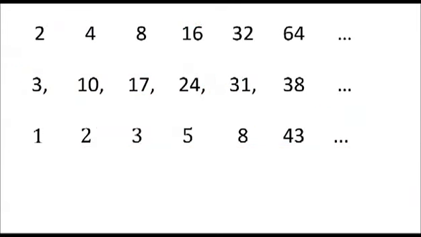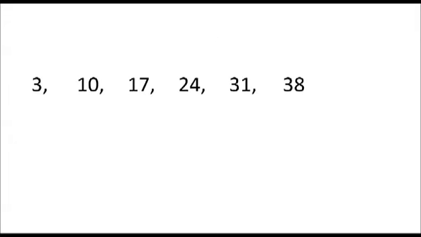Let's just focus on that middle sequence because it's the type of sequence we're talking about today. This is called an arithmetic sequence. The key feature of an arithmetic sequence is that all of the terms have a common difference. That is, they differ by the same amount.